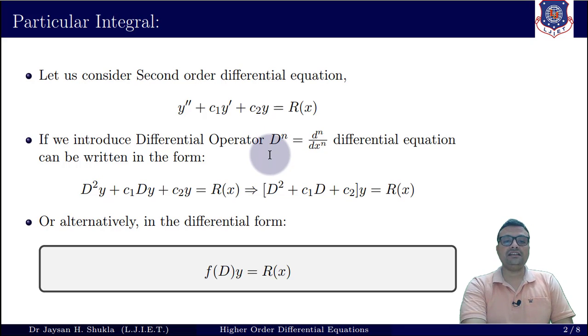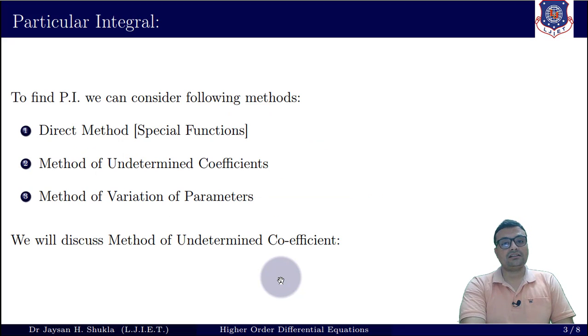Considering this operator D, the given equation turns into (D square plus c1 D plus c2) y equal to r of x, and for that we can take the differential form f(D) y equal to r(x). Now, there are three main techniques to find the particular integral: the direct method, the method of undetermined coefficients, and the method of variation of parameters. Here we are focusing on the method of undetermined coefficients part 2.